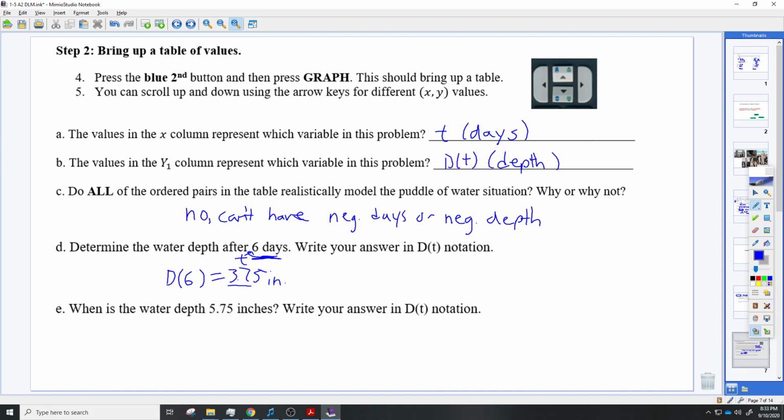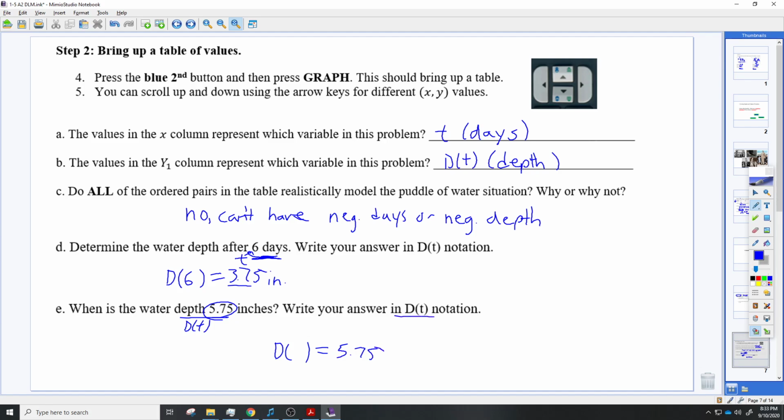All right, now we're going to do the reverse. When is the water depth? So now it's telling us the d of t, and we're going to be finding t. When is it 5.75 inches? Write your answer in d of t notation. So we're going to find d of what day? When does it equal 5.75? This is us writing it in d of t notation.